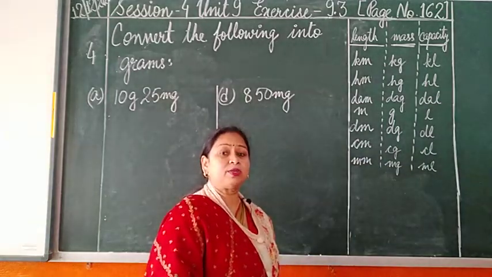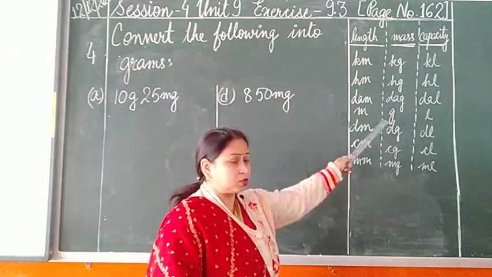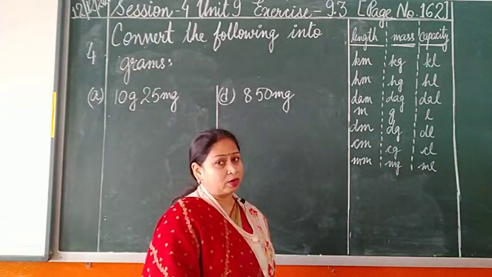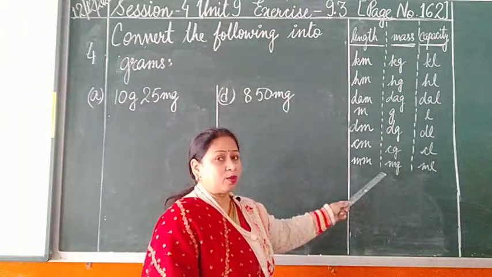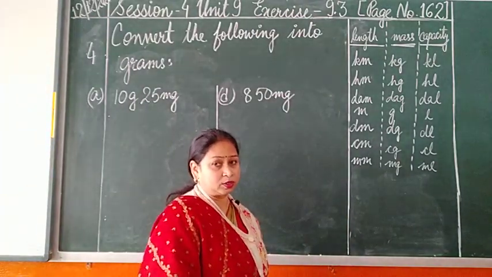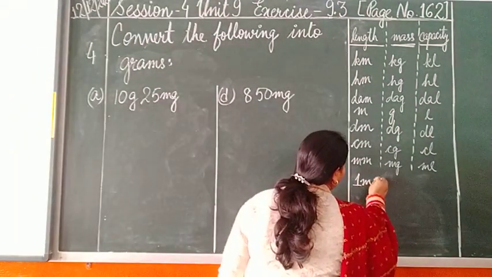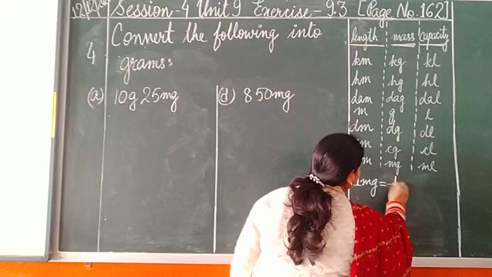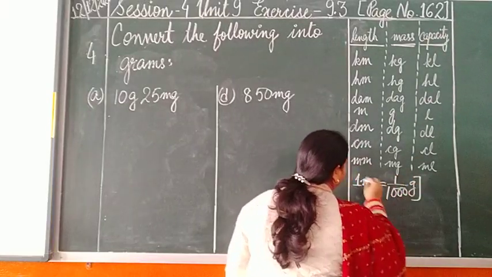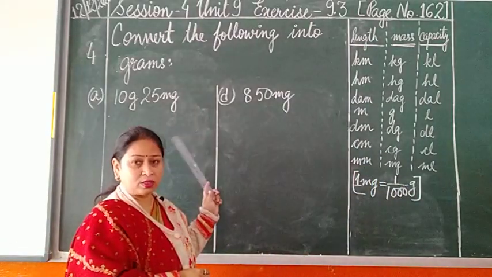Then after completing 3 steps we will reach gram. Okay. So from milligram till gram you are taking 3 steps. That means the conversion will be 1 milligram equal to how many gram? 1 upon 1000. Okay. So 1 milligram equal to 1 upon 1000 gram. Okay. This is the conversion we are going to utilize for these questions.